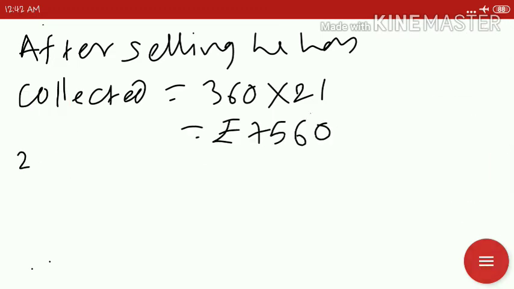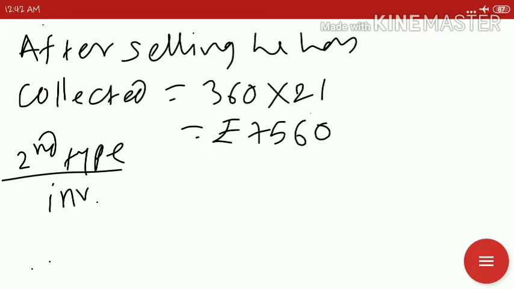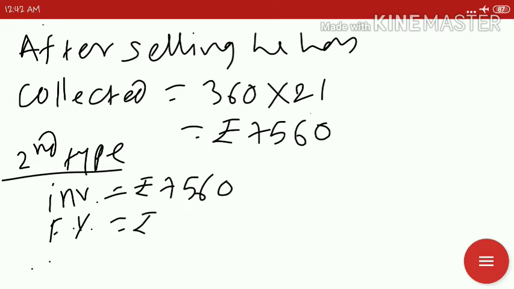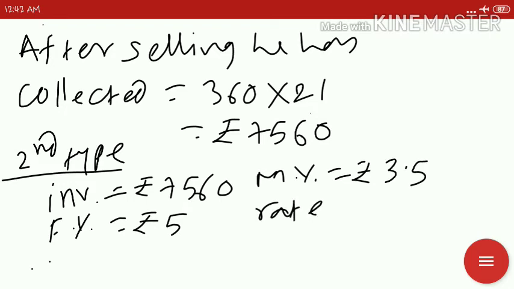For the second type of share, the investment we have is rupees 7560, the face value is rupees 5, the market value is rupees 3.5, and the rate is given as 4.5%, that is we can say 9/2%.